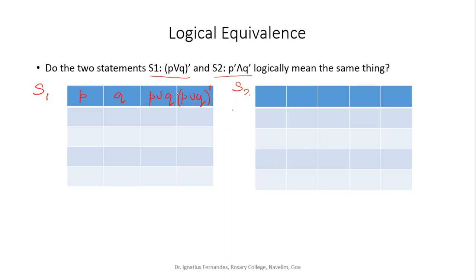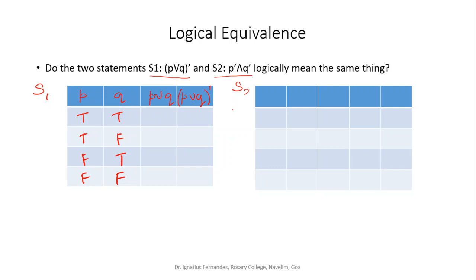I assume that you know those 5 truth tables. So P and Q are logical statements, and their values can be TT, TF, FT and FF.